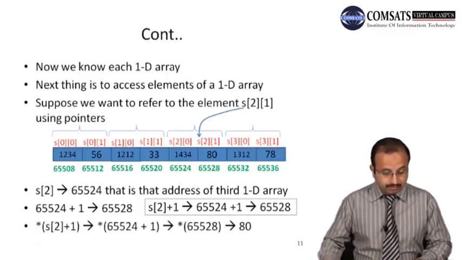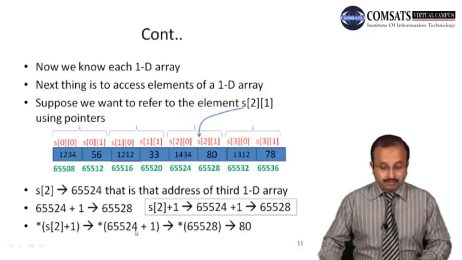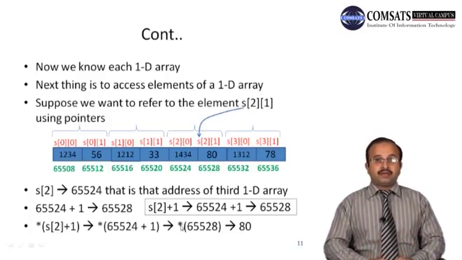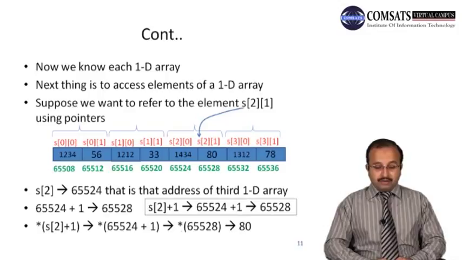This means that by writing star of S of 2 plus 1 we get star of 65524 plus 1. Agree? And that gives star 65528, and the star, you remember the star operator, we can read it like this: value at address 65528, and the value at address 65528 is 80.